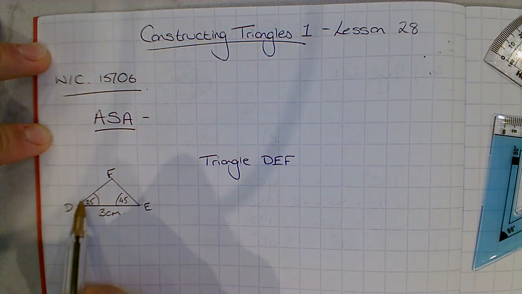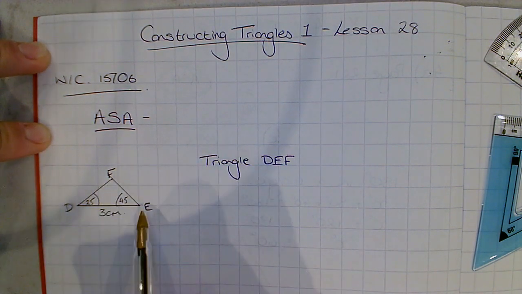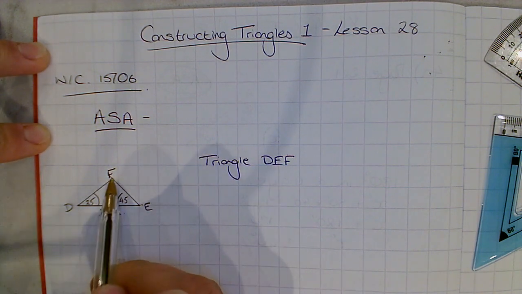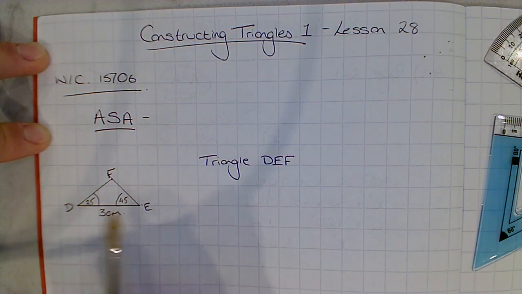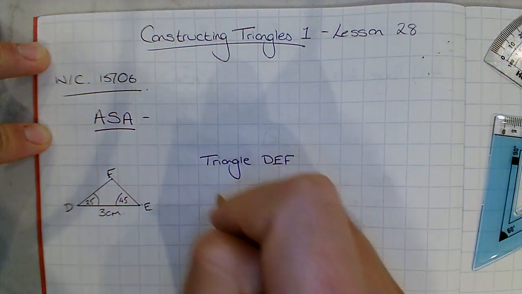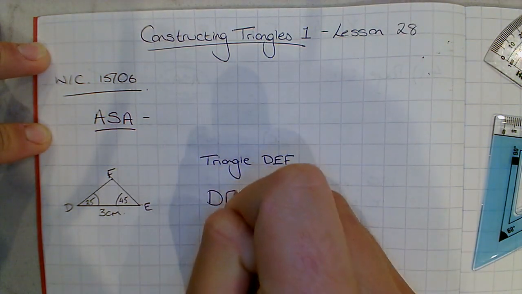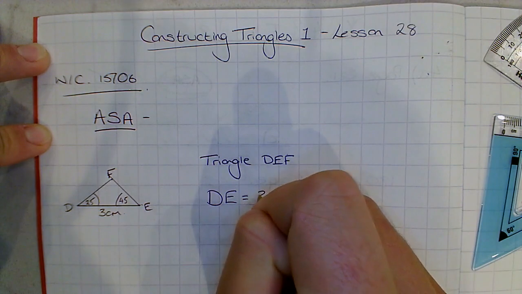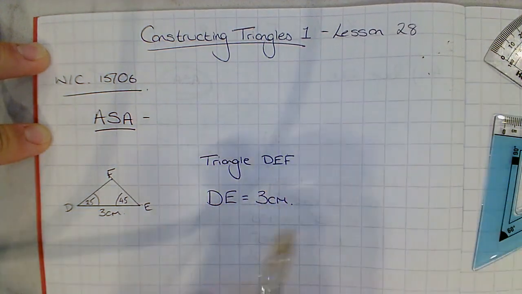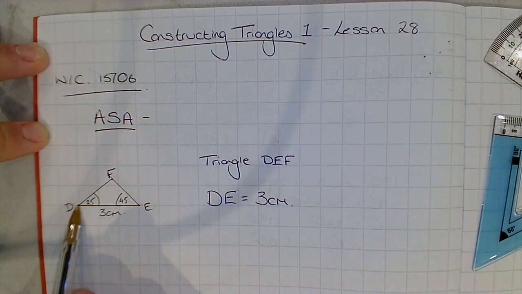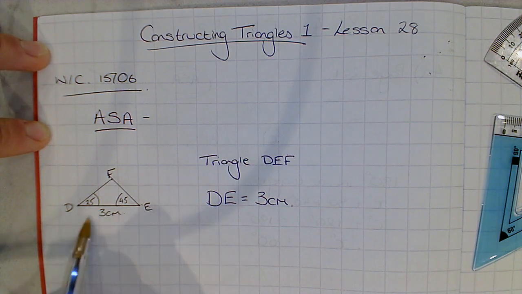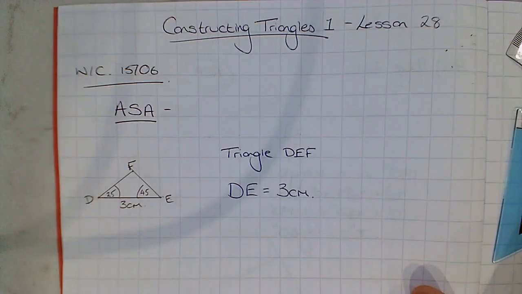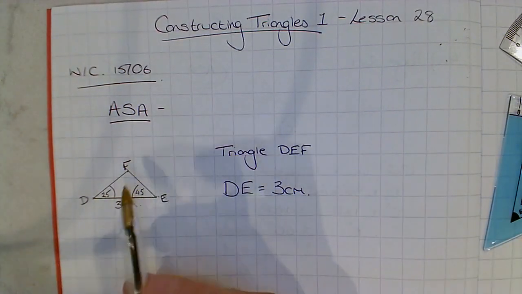So this side here would be DF, this side here would be EF, and this side here is DE. Okay, so we would write DE is equal to 3 centimetres. So that just means go from point D to point E, and how long is that? So 3 centimetres. Okay. The next bit is we're going to talk about some angles.